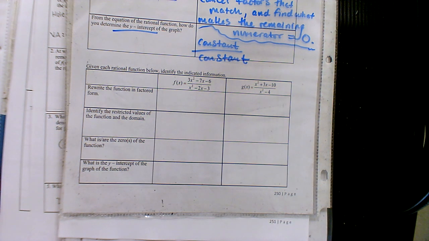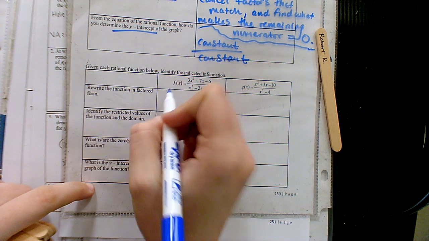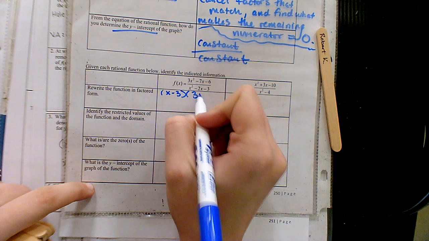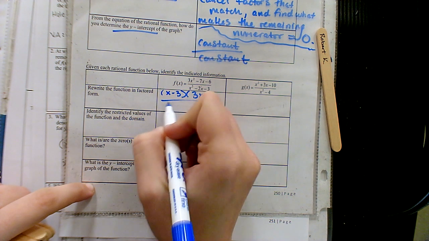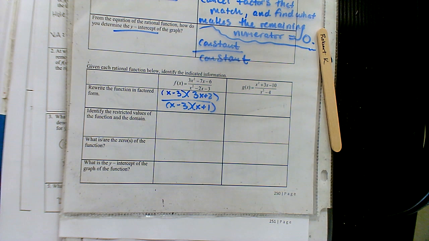All right, let's check these out. Seems like we're done. Robbie, can you factor the first one for us? X minus 3, and then 3x plus 2 over x minus 3 and x plus 1. Agree? Agreed. Sounds good.